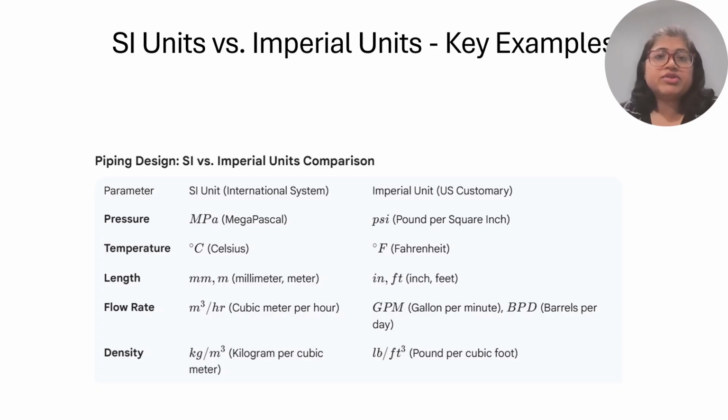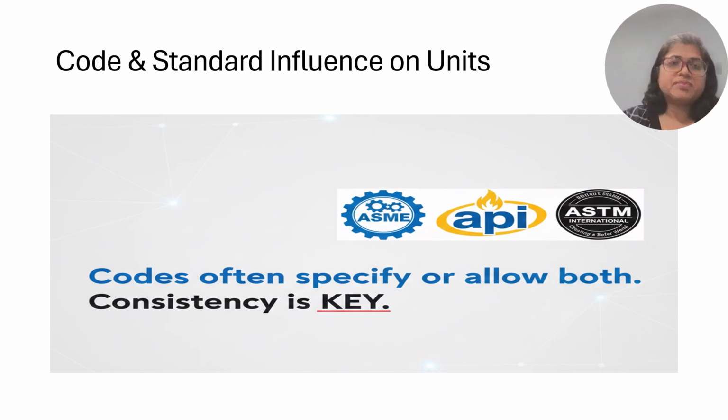ASME B31.3 generally provides us equations which are dimensionally consistent, but always verify the specific constants used in the code when switching between unit systems. So our governing codes and standards such as B31.3 for process piping will often provide equations and data in both unit systems or specify which system to use.